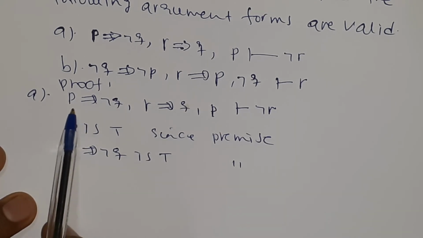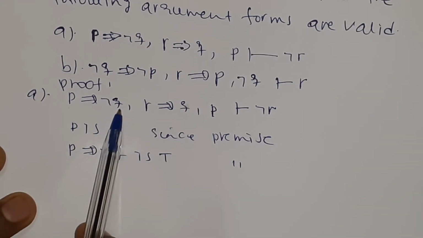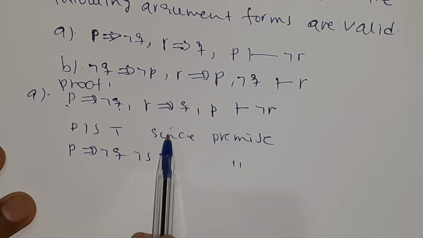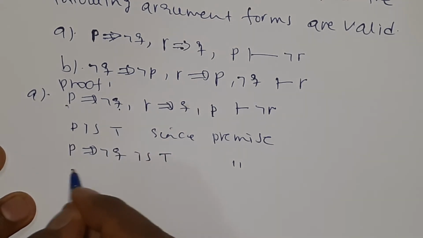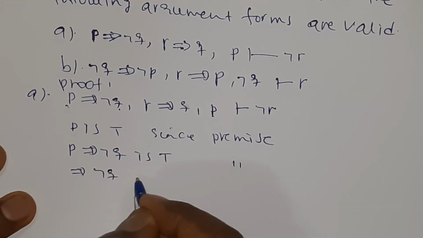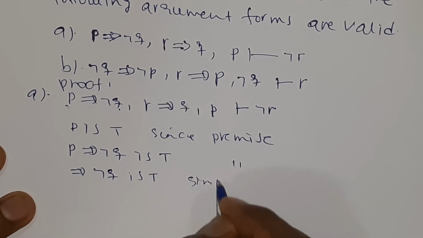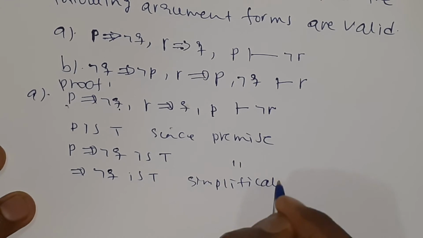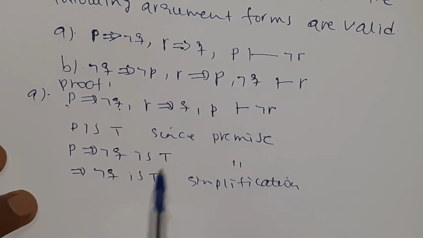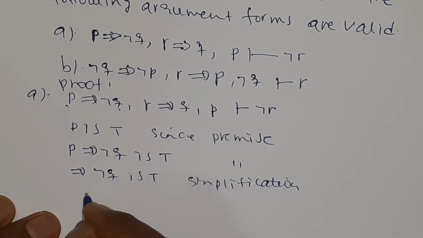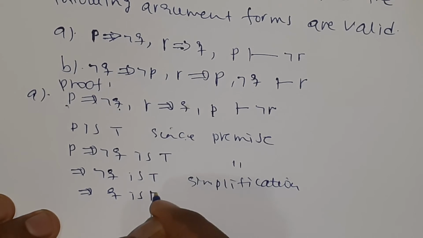So for this logical implication to be true, because the if statement, that is simply P, is true from above, this implies negation of Q is true. Simplification, or from the first property, if negation of Q is true, this implies Q is false.